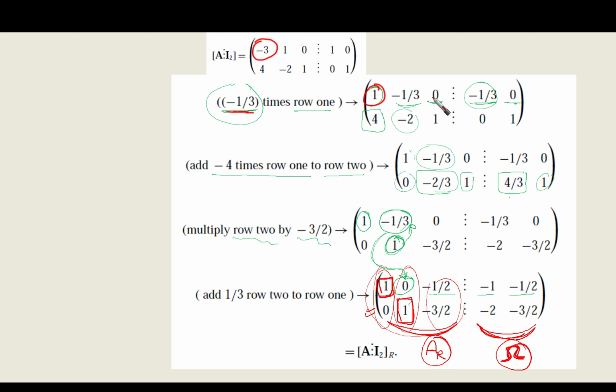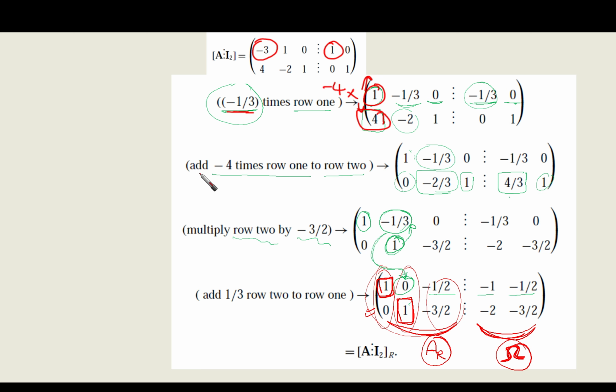Of course we multiply the whole row, including the identity part, by minus 1 over 3, so it will be minus 1 over 3 and 0 here. Then this is 4, and we need this to be 0. So we multiply this row by minus 4 and add it to row 2.